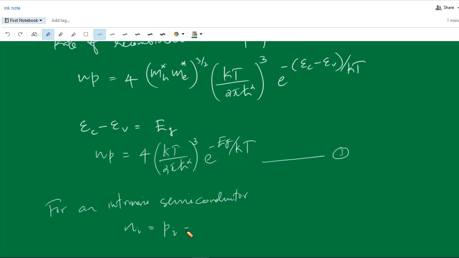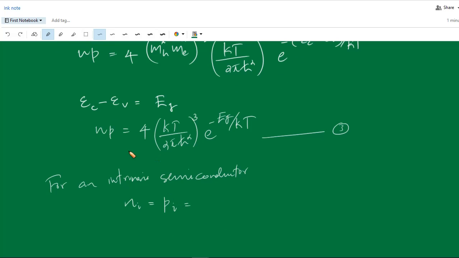So if they are equal, we can use this expression: ni pi is ni square or pi square. So this will be equal to root of ni pi. So this can be written as ni equal to pi.